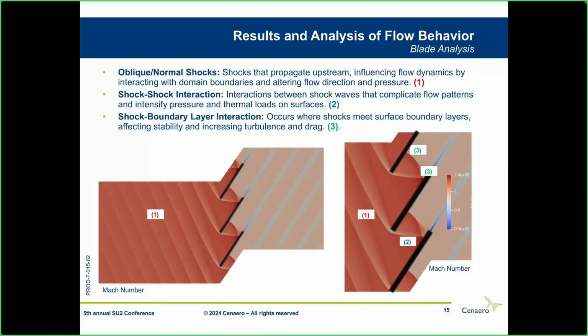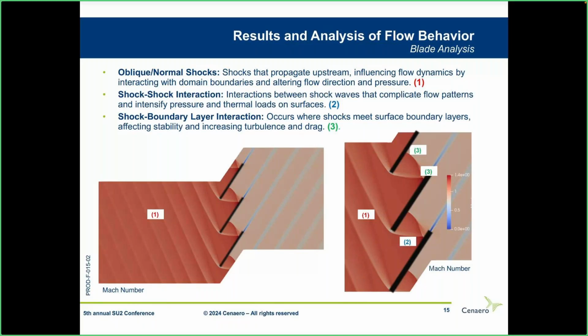We have a shock-shock interaction when the bow shock comes into contact with the channel shock, and we have shock boundary layer interaction. So as you can see, the physics is really complex. We also have quite a well-defined wake in here. And so the physics is very complex, and we have phenomena that we'll need to investigate precisely with LES.